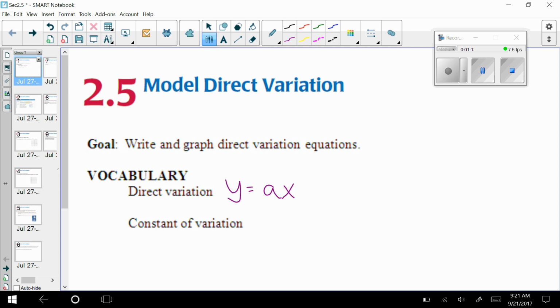And this describes change in y values that vary directly with change in x values, hence the name direct variation.